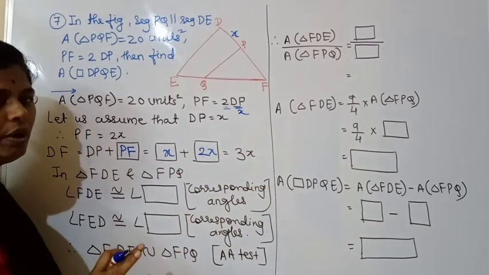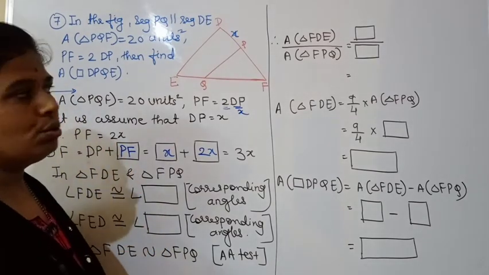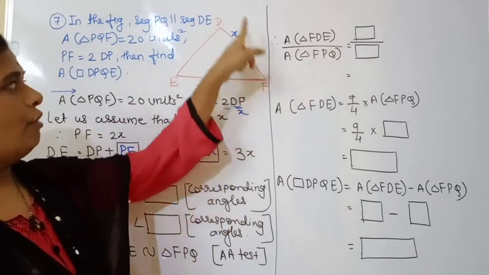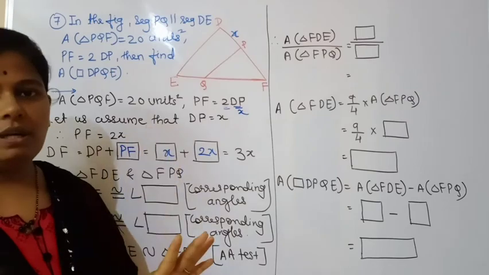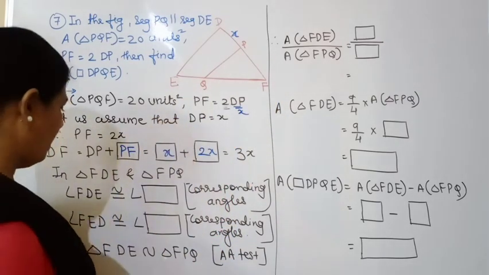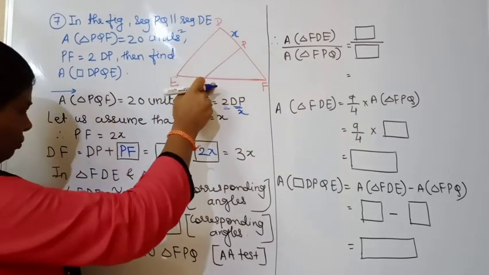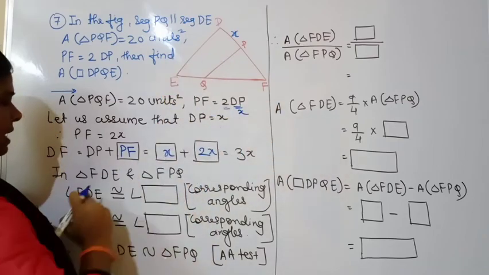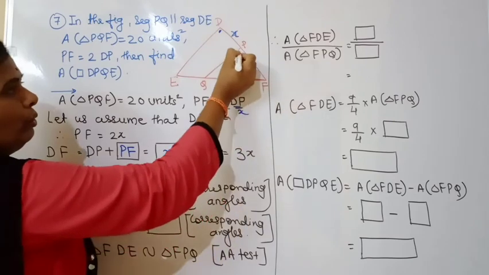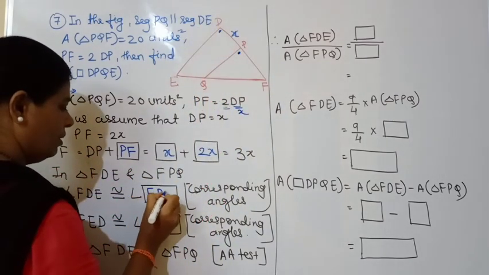Okay. Now what we have to do? We have to prove that both these triangles are similar. Which two triangles? The bigger one and the smaller one. That is, triangle FDE is similar to triangle FPQ. We have to prove this. As it is given that DE is parallel to PQ, from this we can say that angle FDE is congruent to angle FPQ.